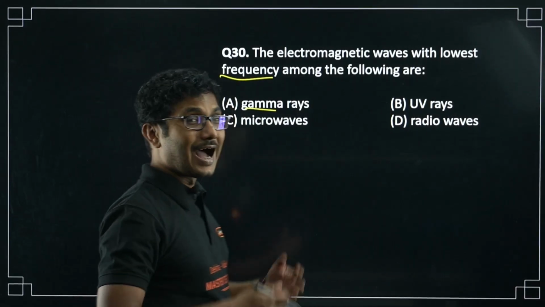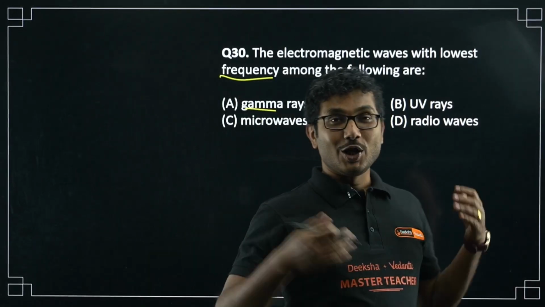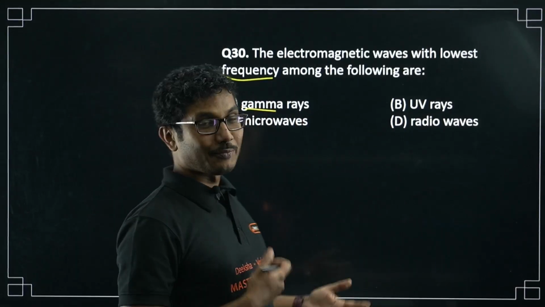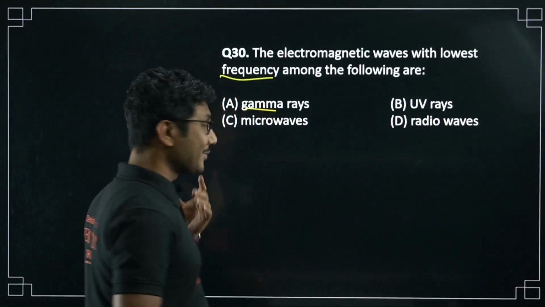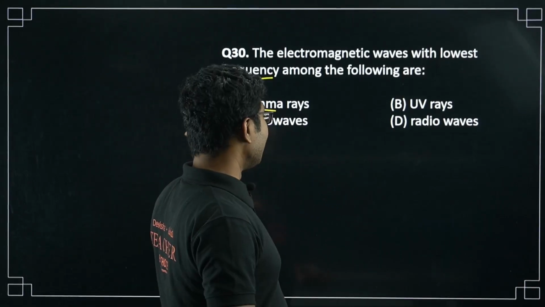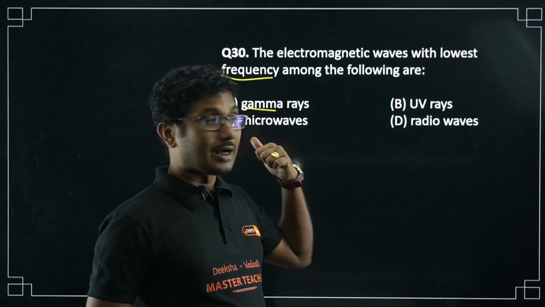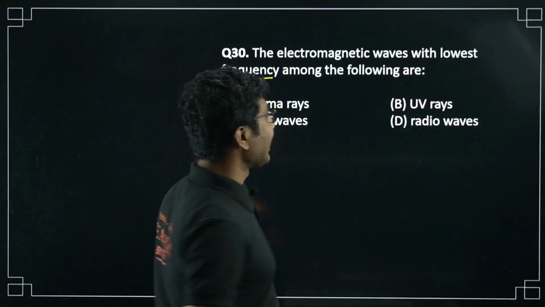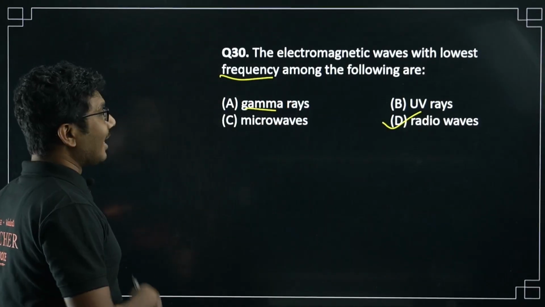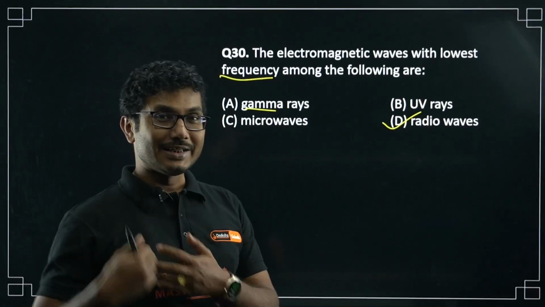Gamma ray has the highest frequency, lowest wavelength. UV ray is somewhere in between. Microwaves have a higher wavelength compared to gamma rays, but in this case the winner is radio waves. Radio waves have the lowest frequency, highest wavelength.